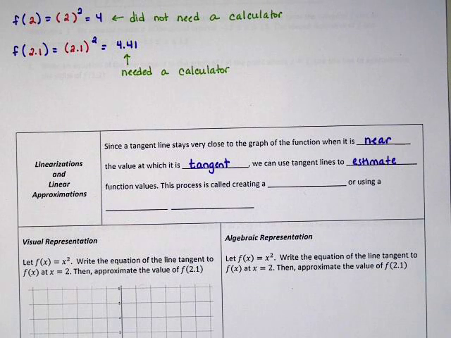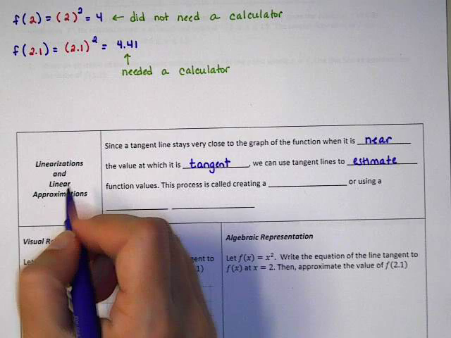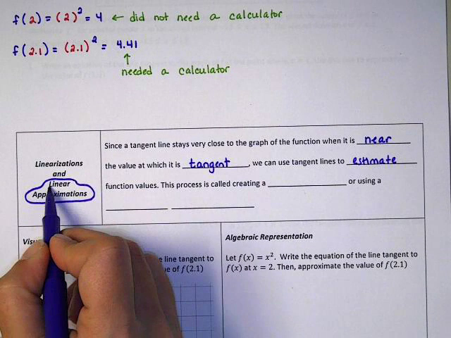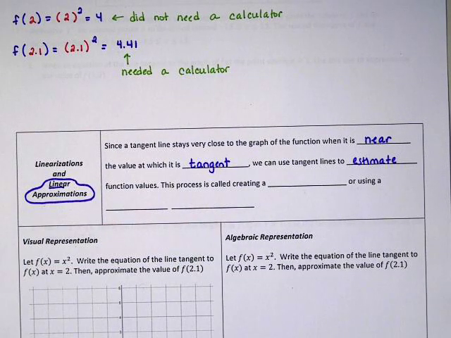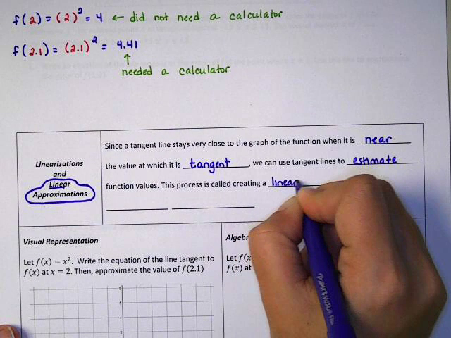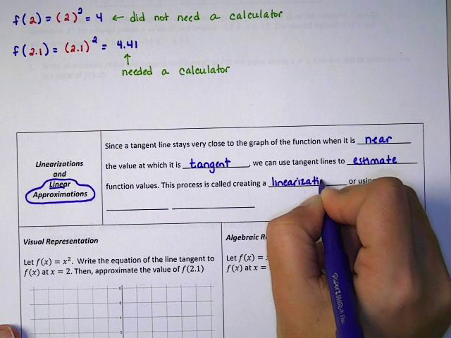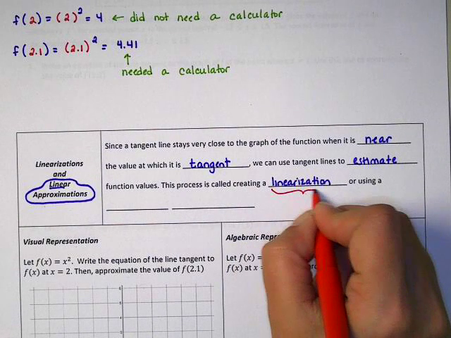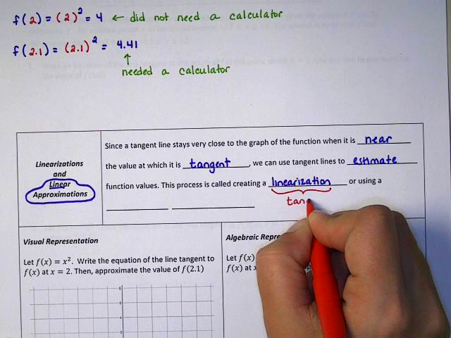When we do that, we call our estimate a linear approximation because we are using a line to do our estimate. This process is called creating a linearization, and the word linearization is just another word for tangent line.